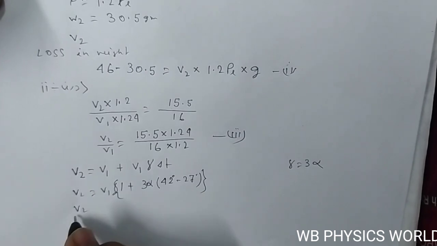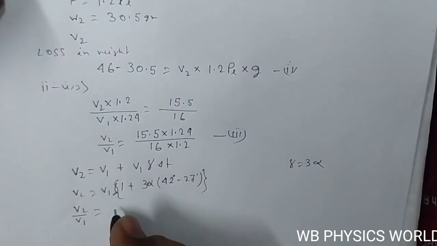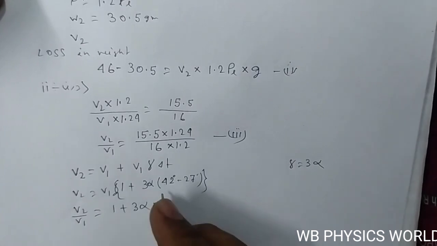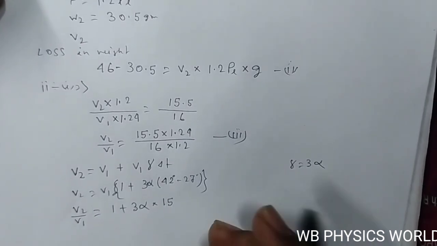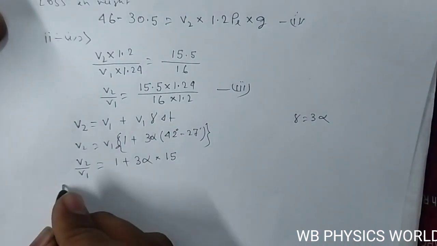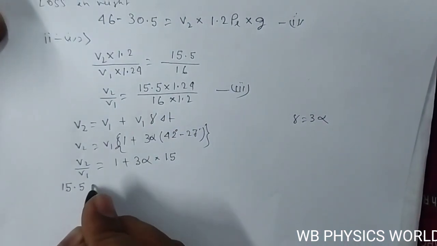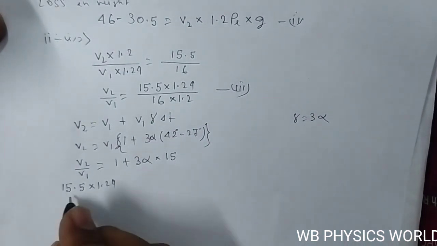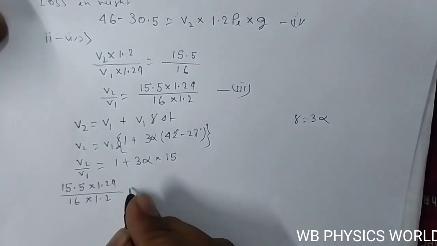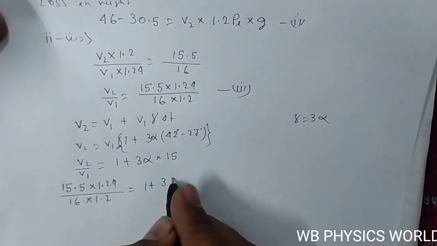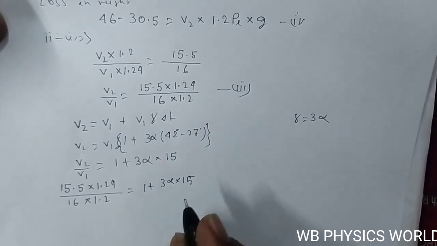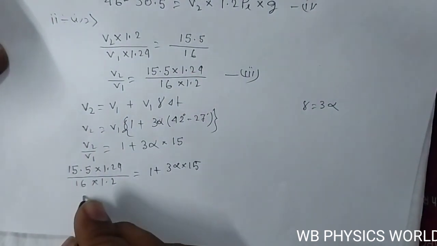So V2 by V1 equals 1 plus 3 alpha into 15, and here V2 by V1 is 15.5 into 1.24 by 16 into 1.2, equal to 1 plus 3 alpha into 15.